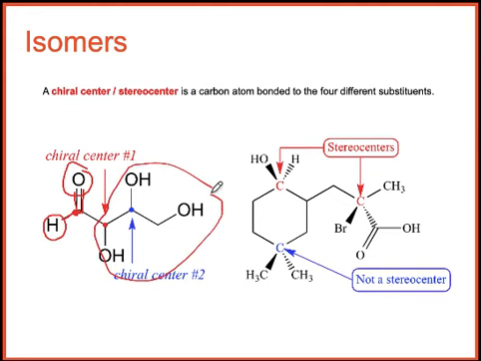So what's going on here is that there's not 4 different types of groups. You only have 1, 2, and 3 groups. It's not like you have another hydrogen sticking out here. So this is not a chiral center. There's not 4 other atoms that carbon is bonded to. Okie doke. Let's keep going.